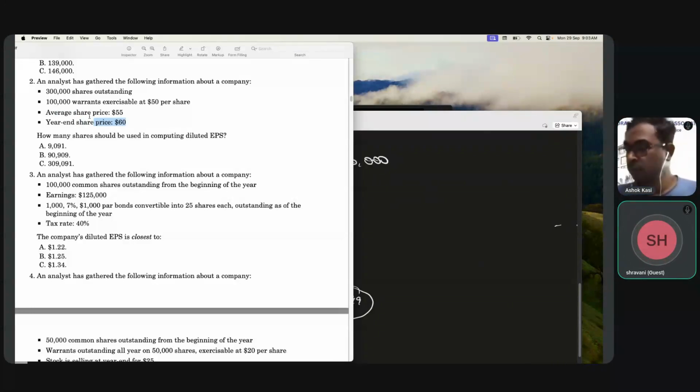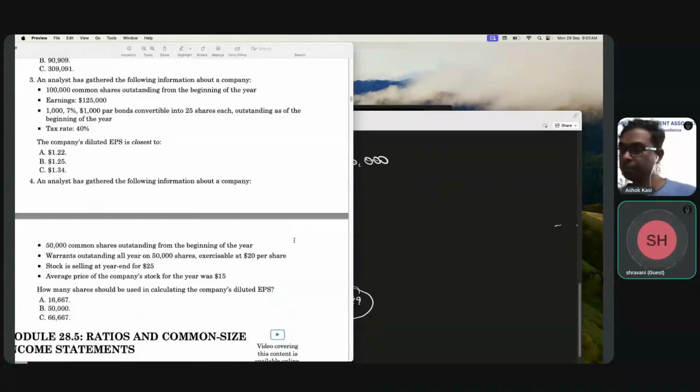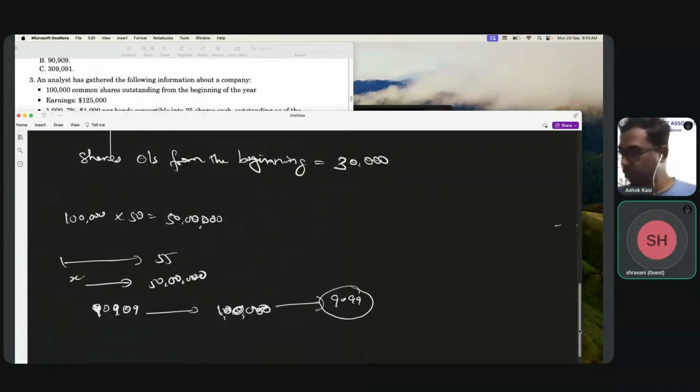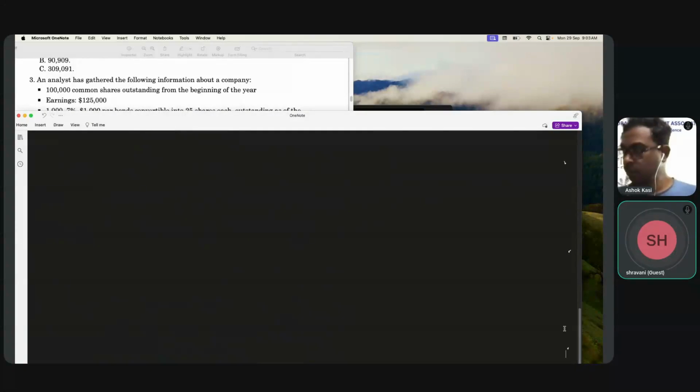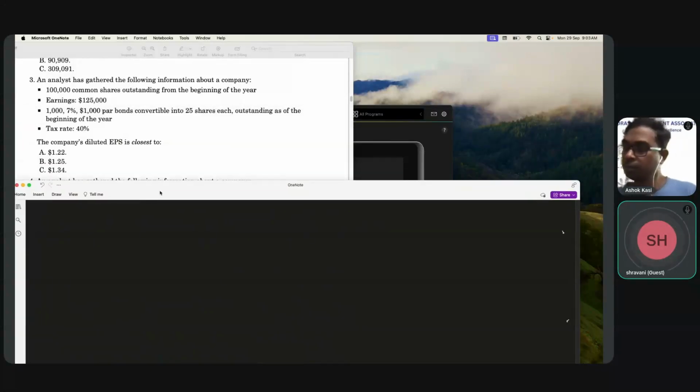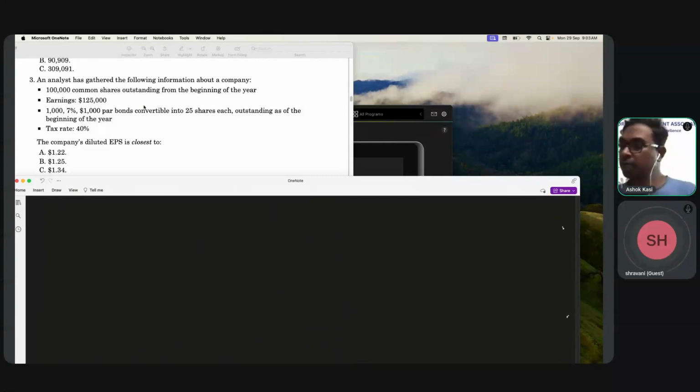So the third one. An analyst has gathered the following information about a company: 100,000 common shares outstanding from the beginning of the year. So for diluted EPS, first we will calculate basic EPS.